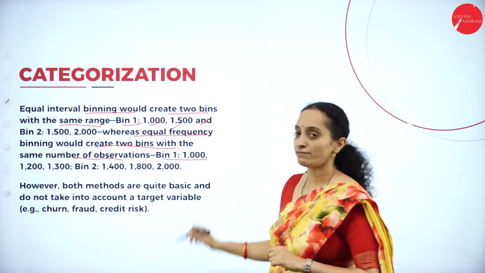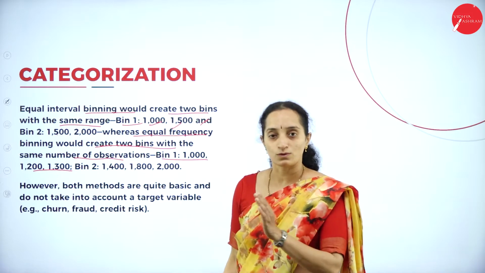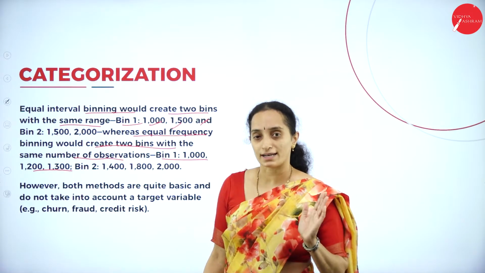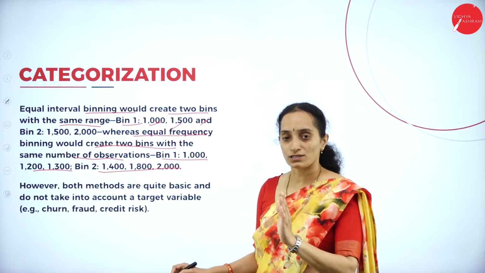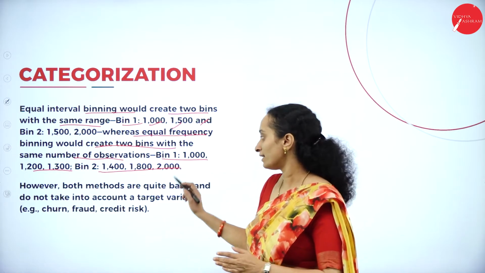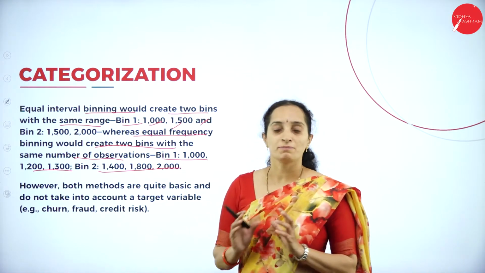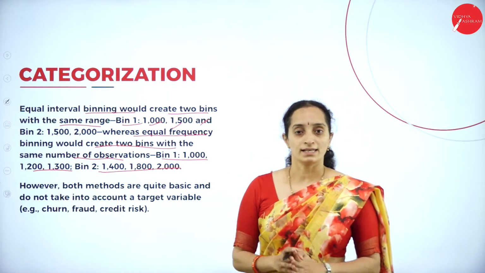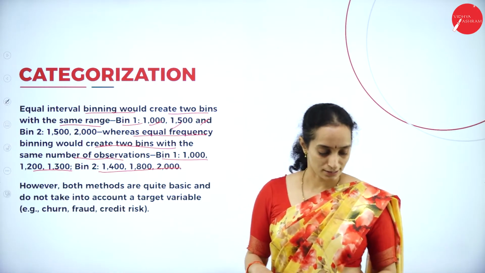That is, bin 1 will have 1000, 1200 and 1300. That is one range of values. Bin 2 will have 1400, 1800 and 2000. Based on certain parameters, there will be clustering or categorization of the data which are non-monotonous.